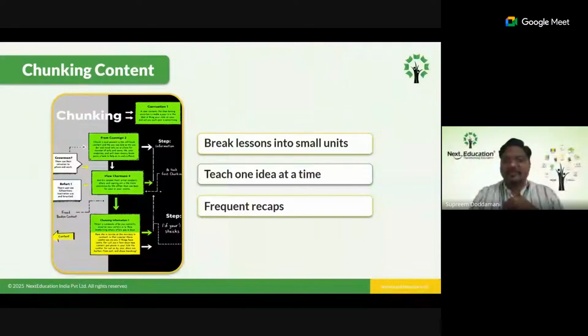Right, one idea at a time. I gave you an example of speed, distance, and velocity. One idea at a time means first teach them how to calculate speed when distance and velocity are given. The next step, once this is completely done and you are confident that the children have understood that, then you can go to the next step, calculating the distance using speed and velocity.